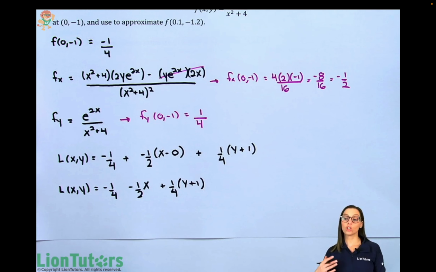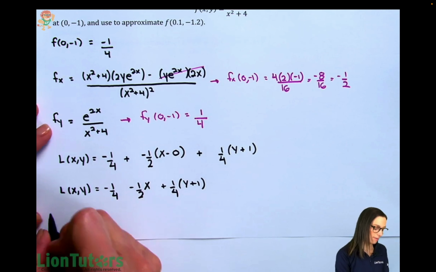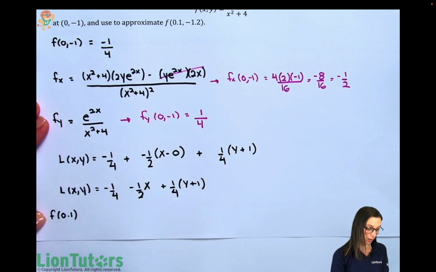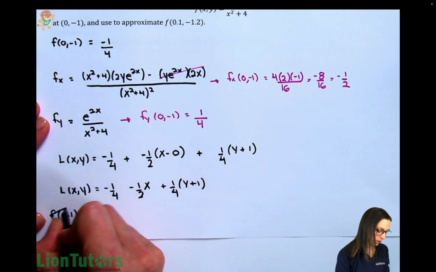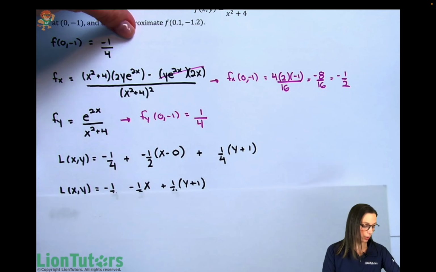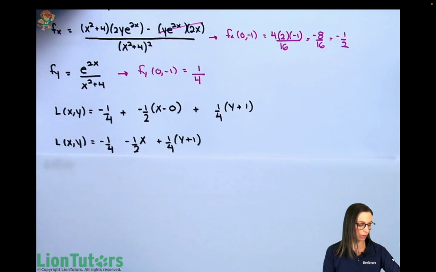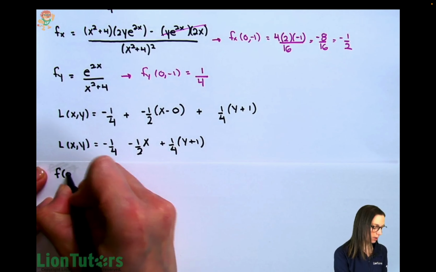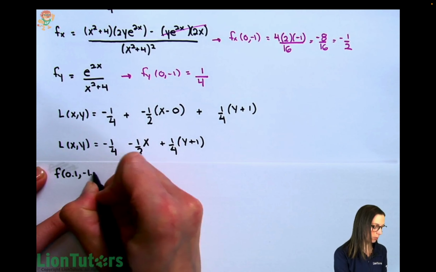So what we're going to do is use that to approximate f of 0.1, -1.2. Whoops, let me try that again. All right, so we are going to use this to approximate f of 0.1, -1.2.